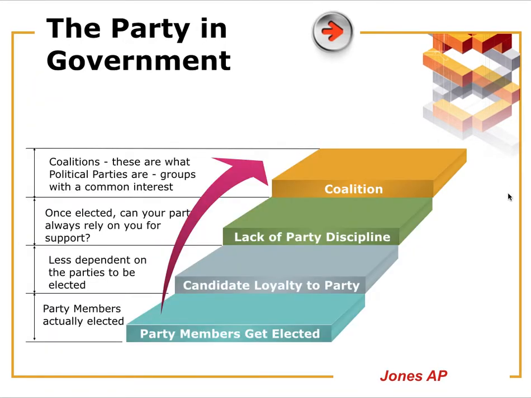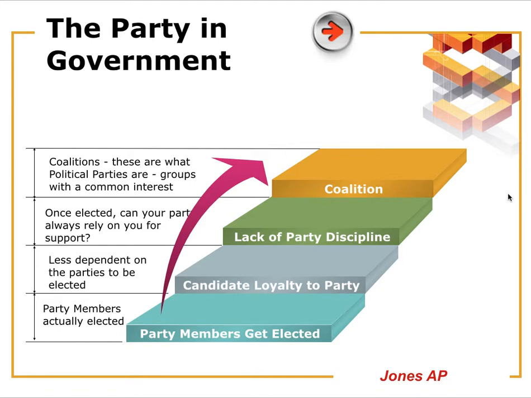Now, the party and government, which was the next section in your book. The party, when we look at this, it's kind of a stepping stone. So the party and government is what we see nowadays. President Obama, Senate Majority Leader to be Mitch McConnell, Speaker of the House John Boehner.